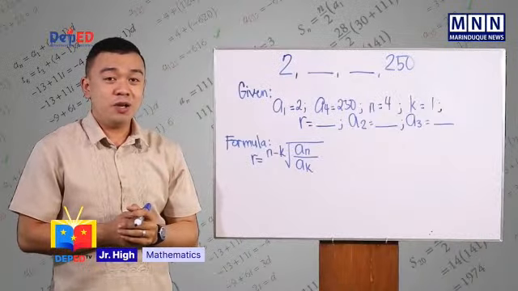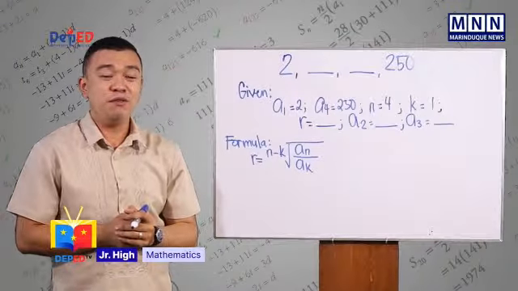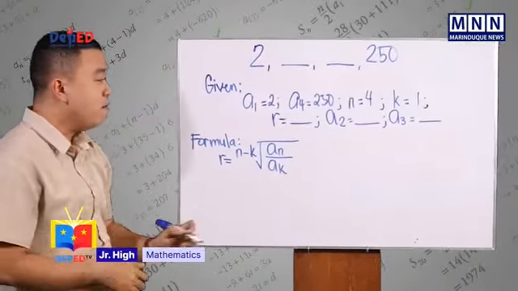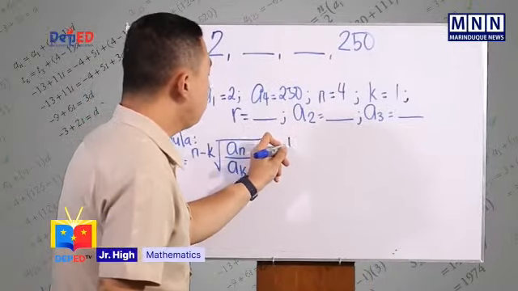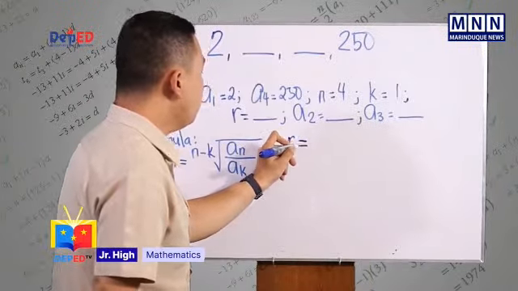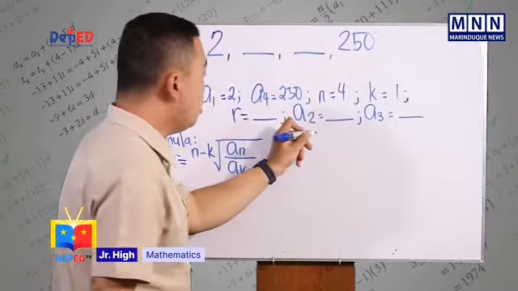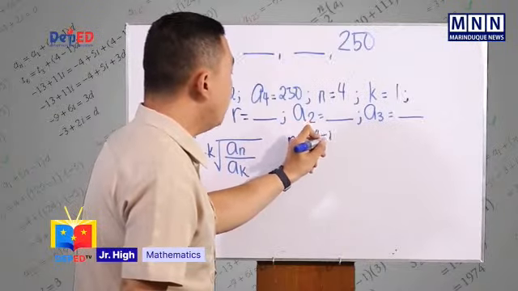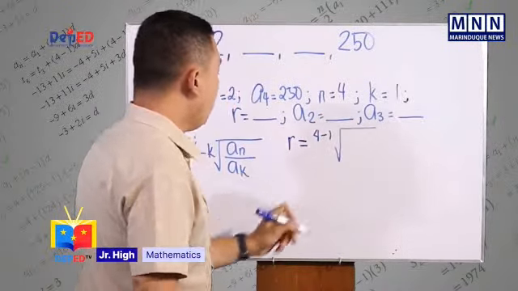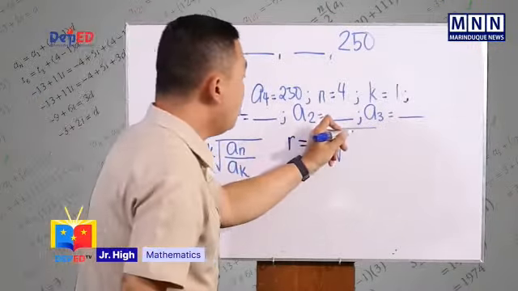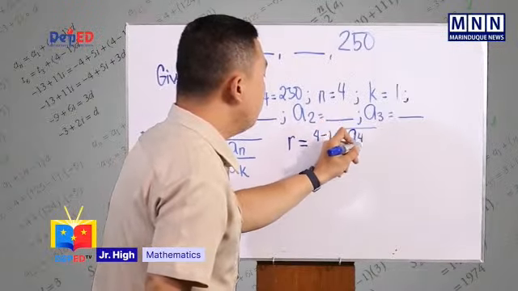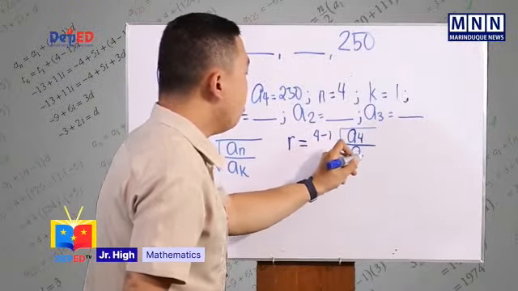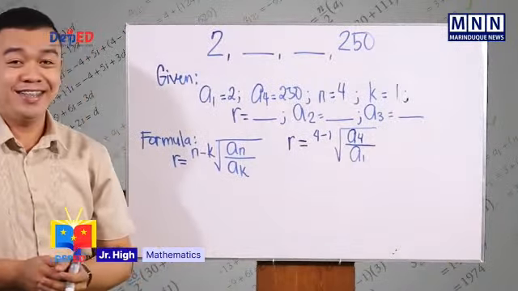Now, let's substitute the given values to the formula. We will have r is equal to, our n again is 4, minus 1, the root of our a sub 4, divided by our a sub 1.